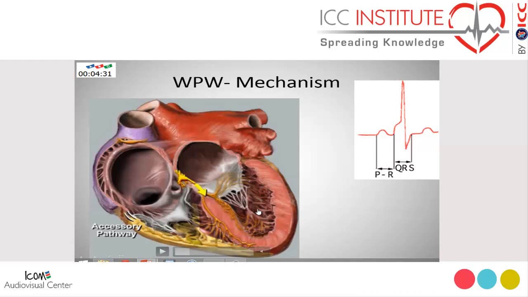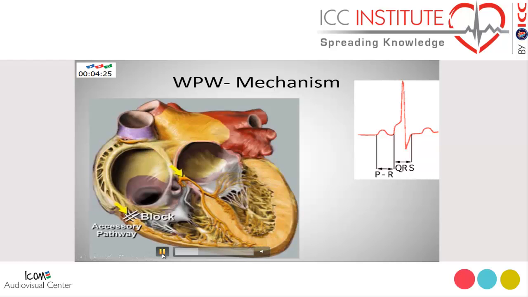And then both ventricles are activated by the two pathways. We can continue like this. And then we have a complete activation of all the ventricles, thus finishing the QRS complex. What can occur is that a premature impulse, as Professor Nawar has said, can block in the accessory pathway and only travel through the AV node.